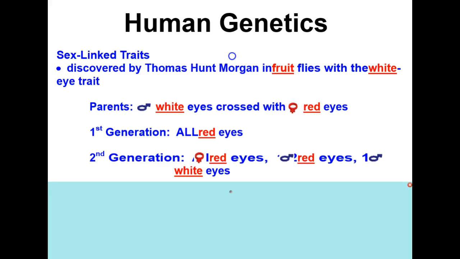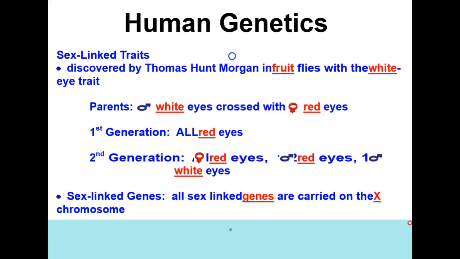Now, this doesn't make sense from Mendelian genetics. We would have to see at least some of the females also have white eyes. What this indicated to Thomas Hunt Morgan is that the trait for the eye color must be linked somehow to the sex of the fruit fly itself. And hence, sex-linked traits were discovered and born.